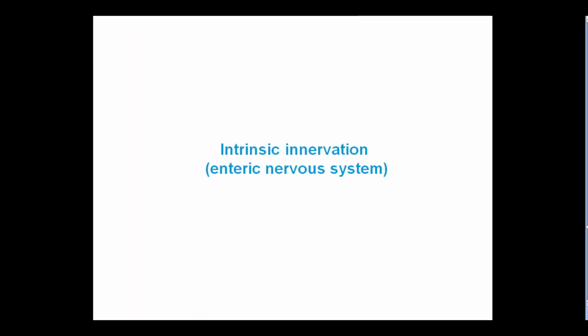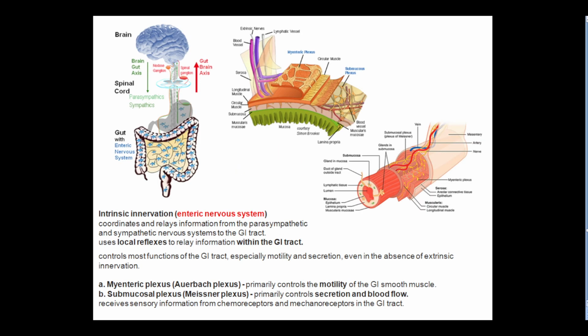Now, one more question which you were asking me to review is about intrinsic innervation or enteric nervous system. So, besides the parasympathetic and sympathetic nervous system, which is located within the spinal cord, we have the intrinsic or enteric nervous system, which is located within the gut. So here I have given you two schemes.